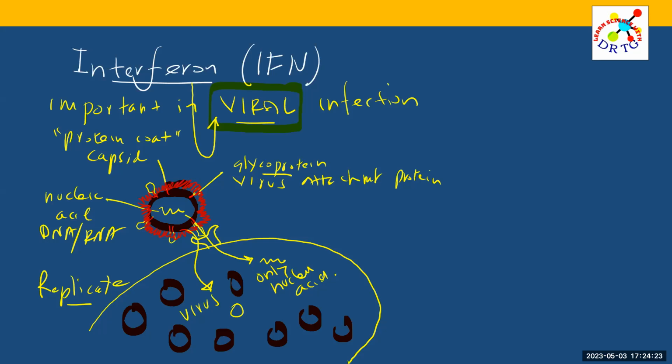So finally, host cell is running out of material, molecules to maintain the life. Eventually, host cell die. And then new particles, they release when the host cell die. So likewise, they are going to kill many cells in the body.